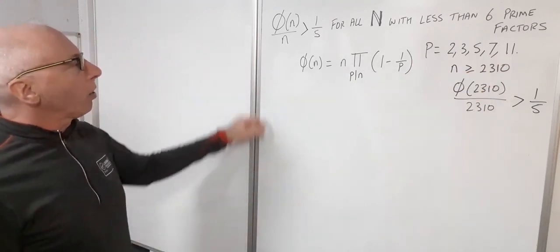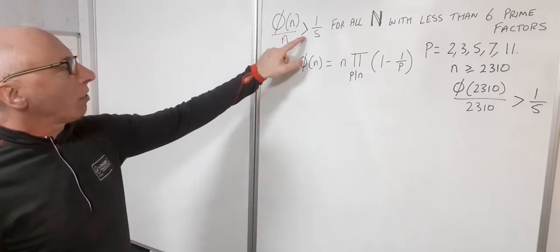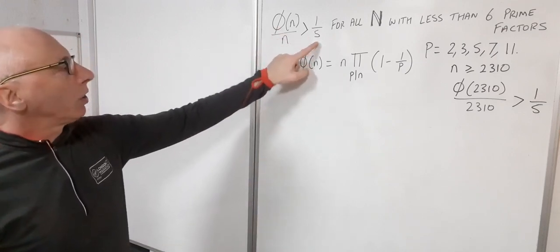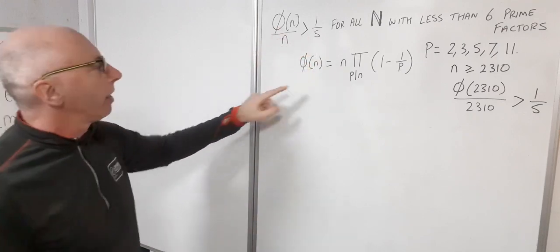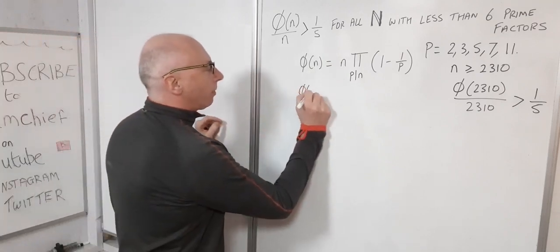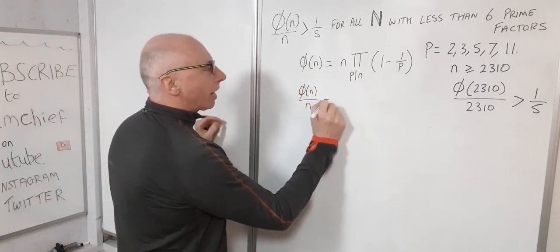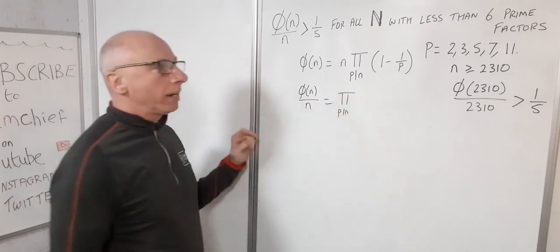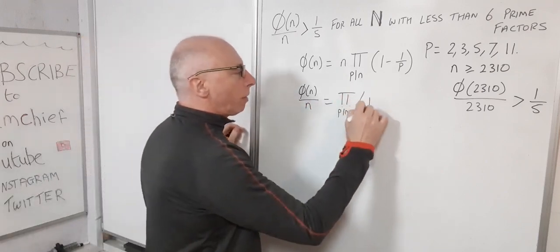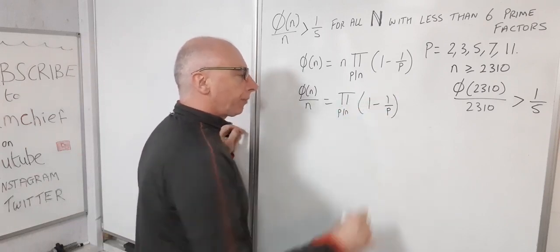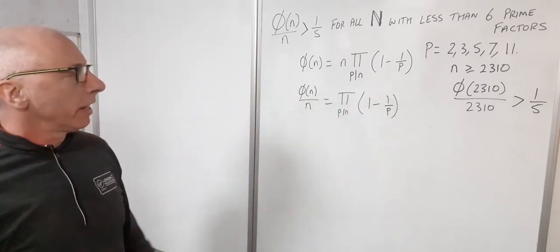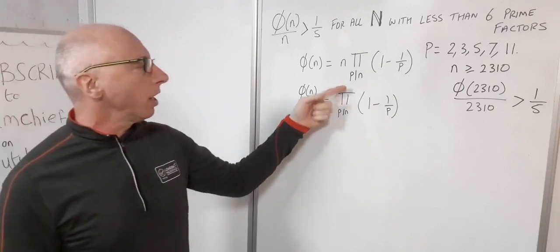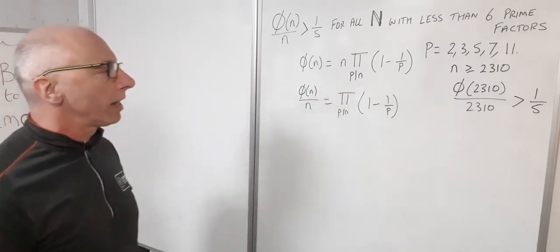So our question here was phi of n over n is greater than 1/5. Well, to do that, if we divide both sides by n, we'll have phi of n divided by n is the product of the prime divisors up to n of 1 minus 1 over p. Okay, now here we could plug in our number here, which is going to be greater than 2310.